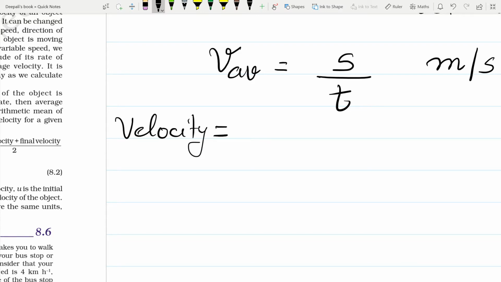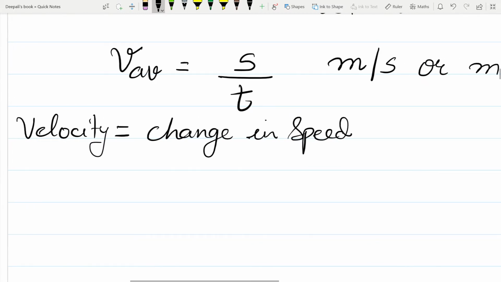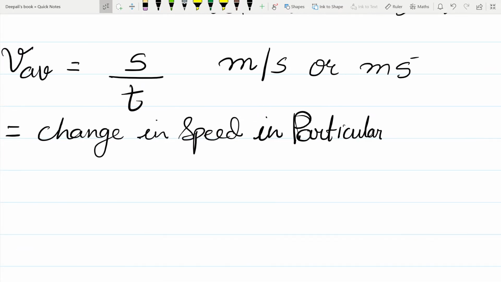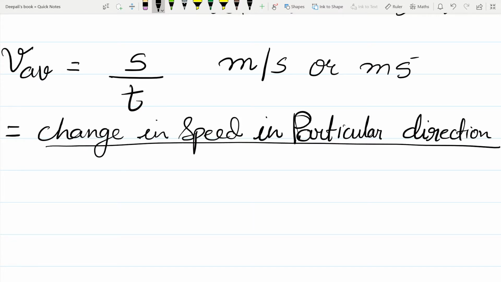Velocity is defined as change in speed in a particular direction upon time.